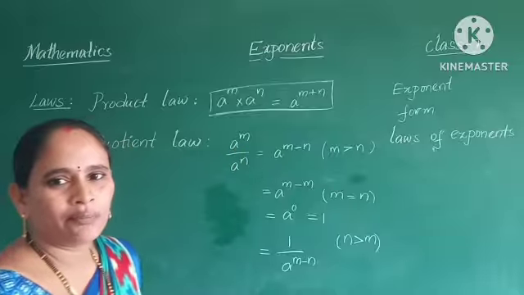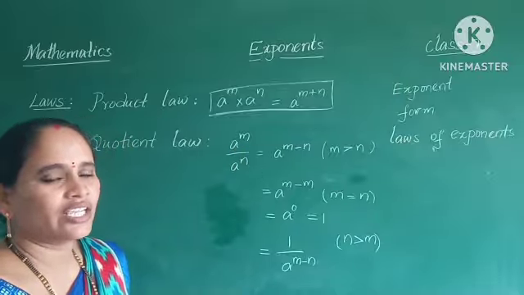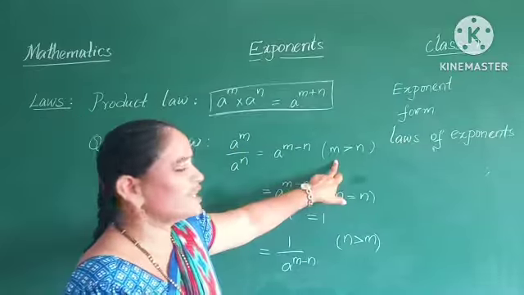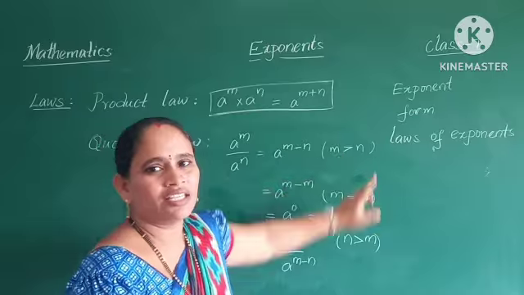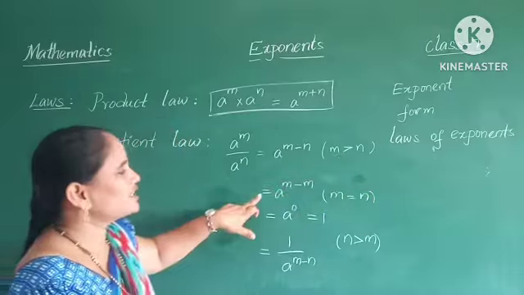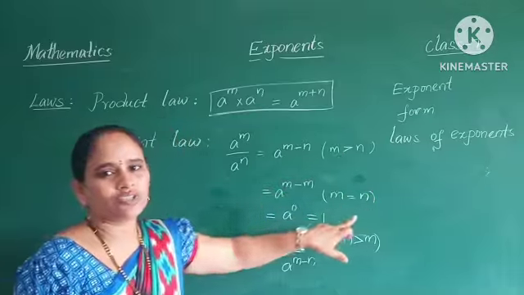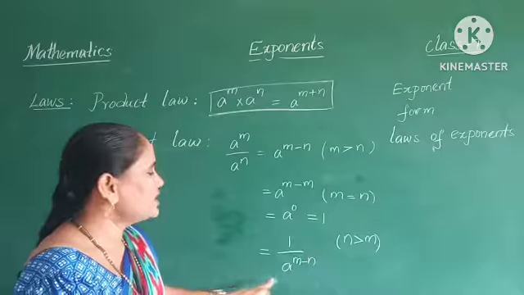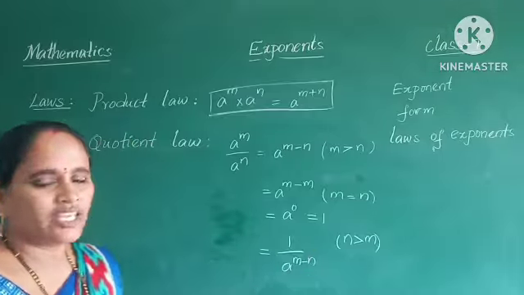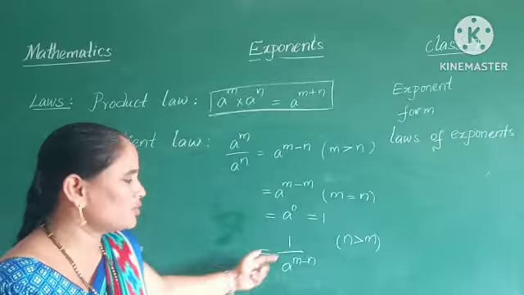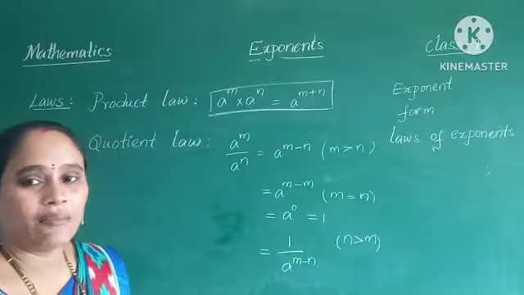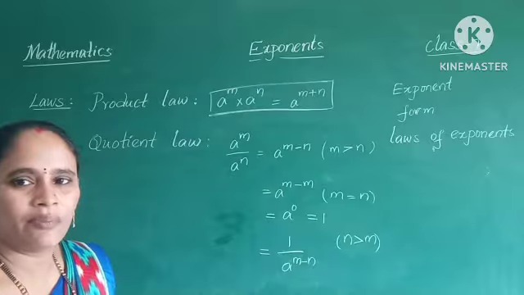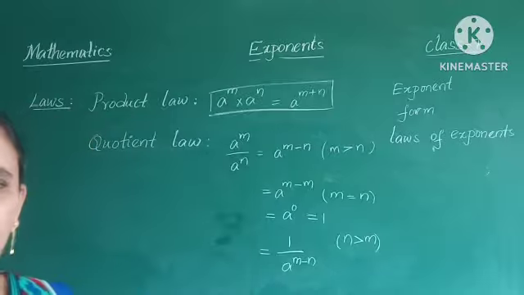A power m by a power n is equal to a power m minus n. What is the condition here? m greater than n. Next condition is when m is equal to n, the value is equal to 1. When n is greater than m, then a power m by a power n is equal to 1 by a power m minus n.